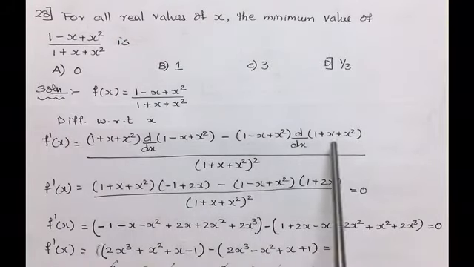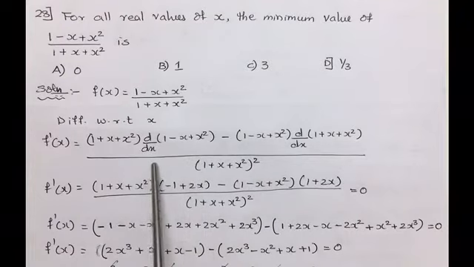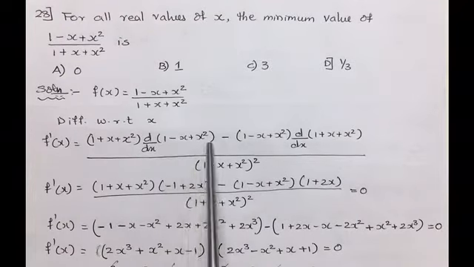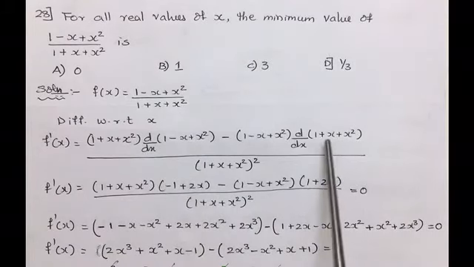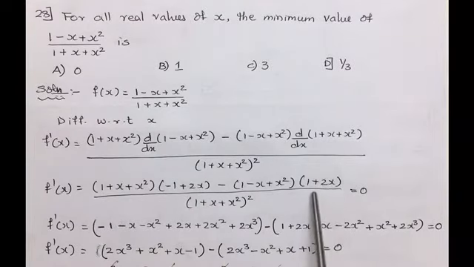So here the division rule of differentiation is used. Now differentiating the brackets, the first bracket gives minus 1 plus 2x. Differentiating the second part, we get 2x.